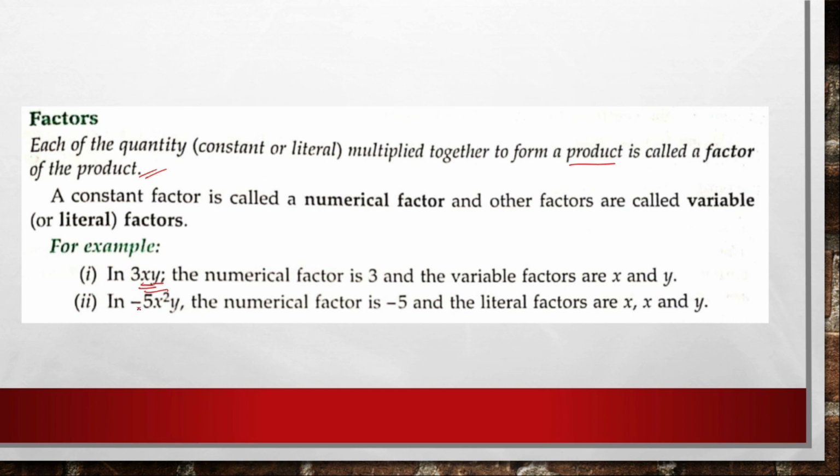In number 2, in the term minus 5x square y, the numeral factor is minus 5 and the literal factors, or variable factors, are x and y.